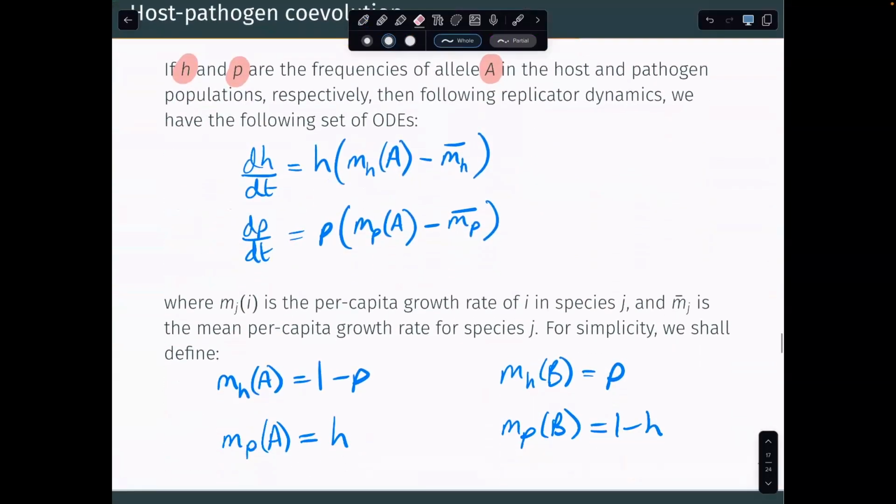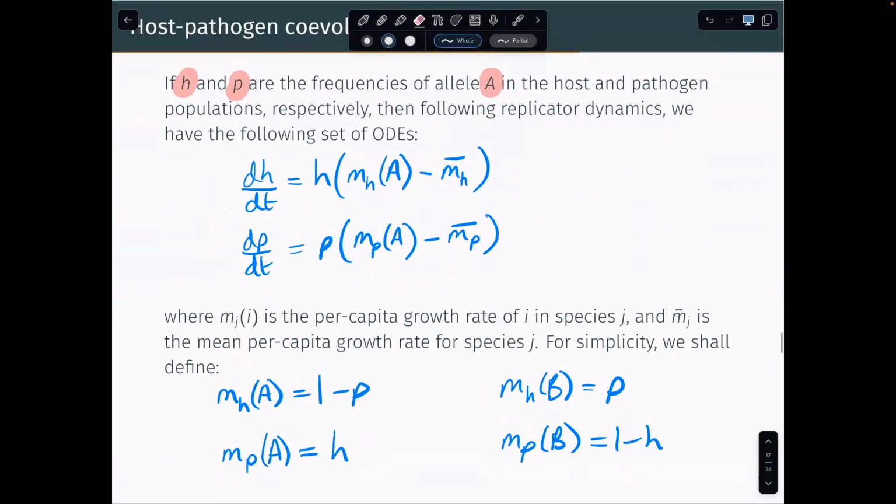Can anyone tell me what this is in terms of a certain type of selection that we met really early in the course? Negative frequency dependent. Yes, I was only looking for frequency dependent selection, but frequency dependent selection is the key point. So from the host perspective, it is negative frequency dependent selection.